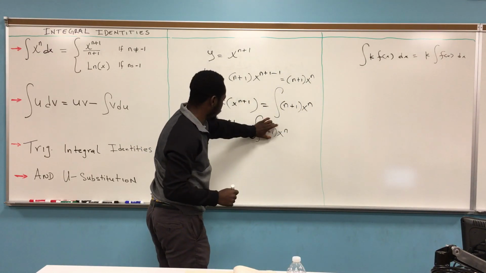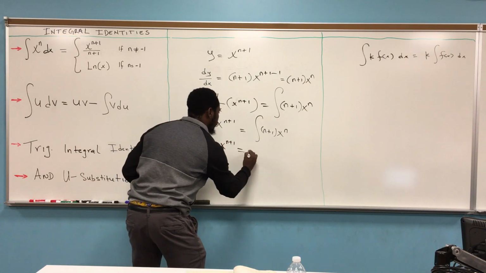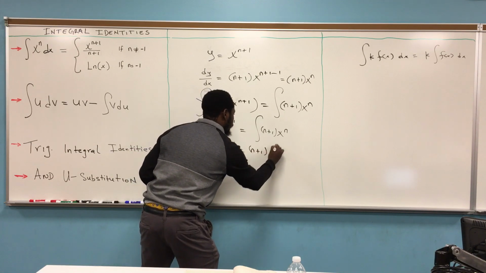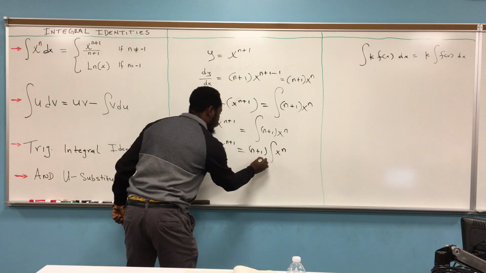What that means is that this can drop out, and we have x to the n plus 1 is equal to n plus 1 times the integral of x to the n. So I can divide both sides by n plus 1.